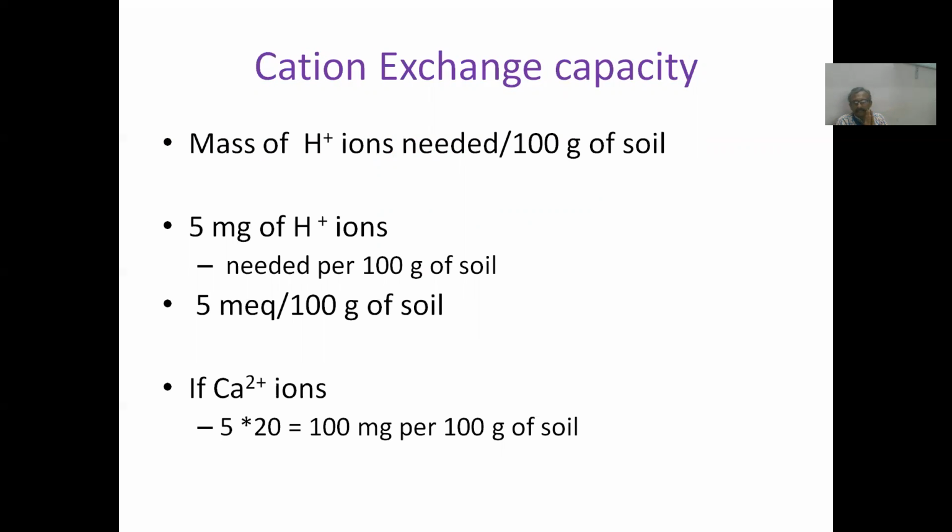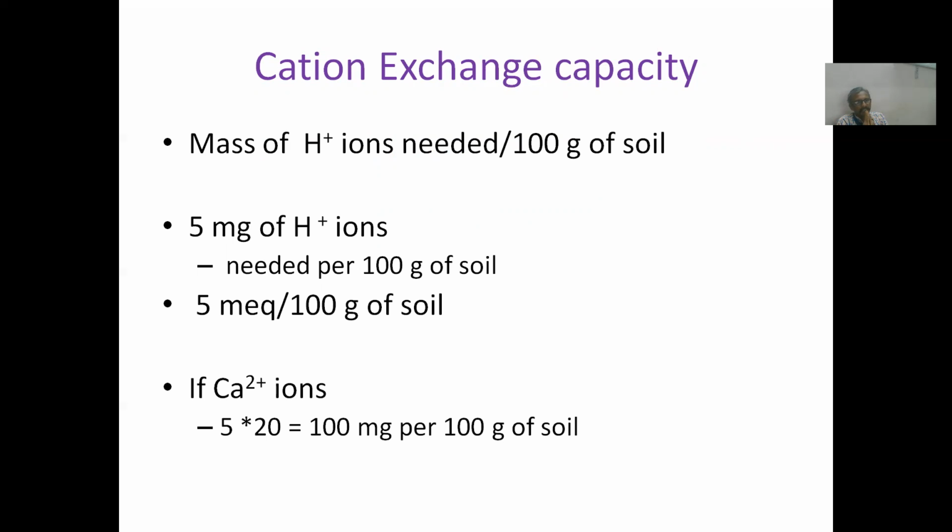And the next concept you know already is the cation exchange capacity. Cation exchange capacity of soil is expressed as mass of hydrogen ions needed to neutralize 100 grams of soil. Let us say to neutralize 100 grams of pure inorganic soil, without any other cations present there, we need 5 milligrams of hydrogen ions, let us assume.